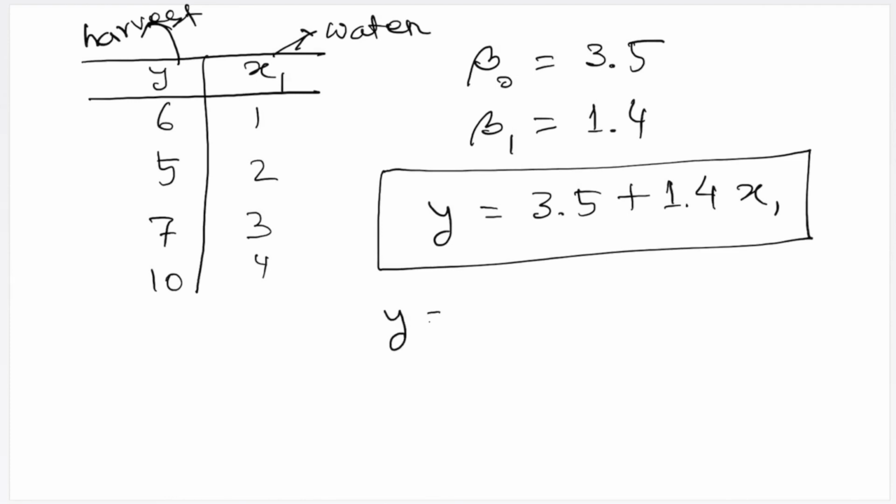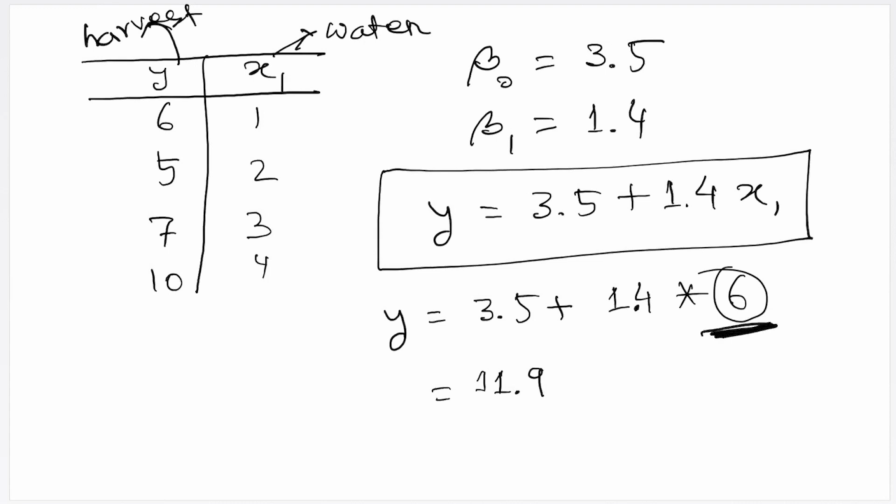Y, which is the harvest amount, will be equal to 3.5 plus 1.4 times 6, which is provided by the user, is equal to 11.9. Therefore, we can answer the client that with an amount of 6, your harvest will be 11.9 units next season.